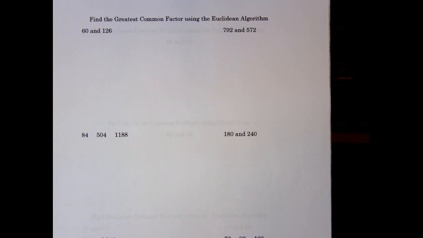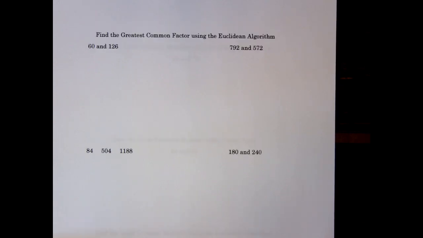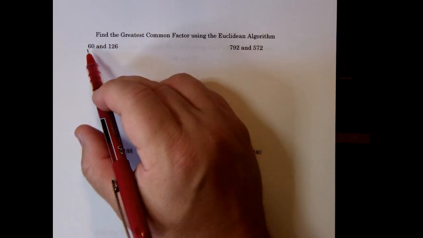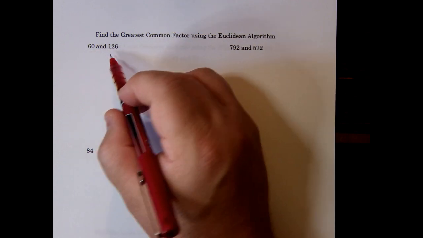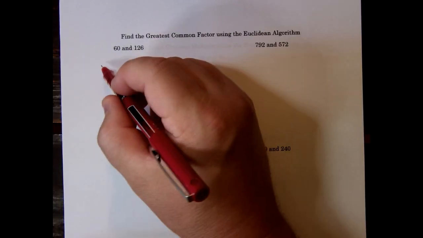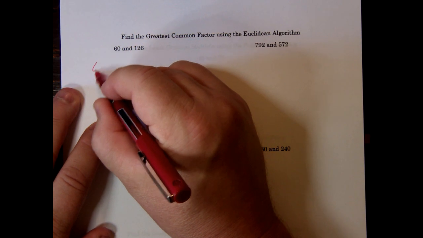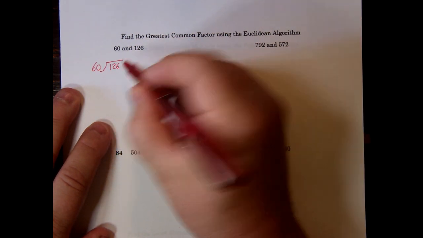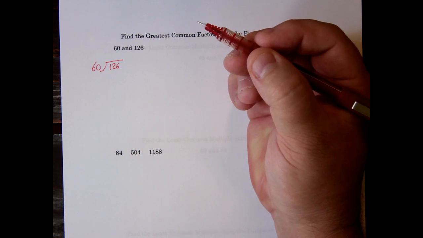I'll show you how it works, but the Euclidean algorithm says we can find the greatest common factor if we see how many times the smaller of the two, I'm going to start with 60, will go into 126, and then what is the remainder?